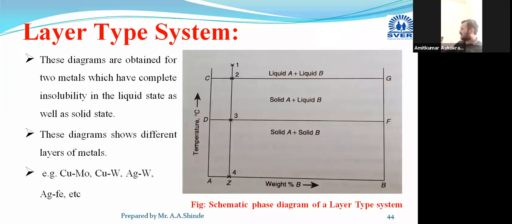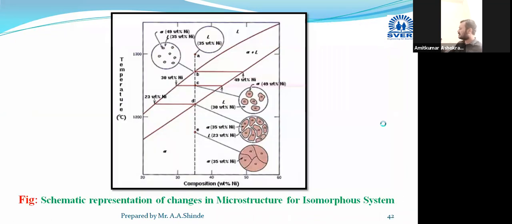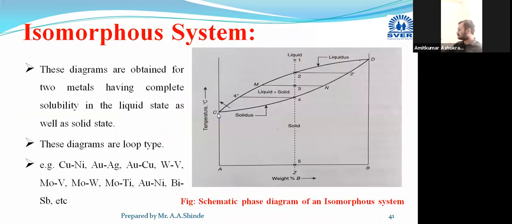In previous diagrams, in this layer type system, this CG is the liquidus line and this DF is the solidus line.